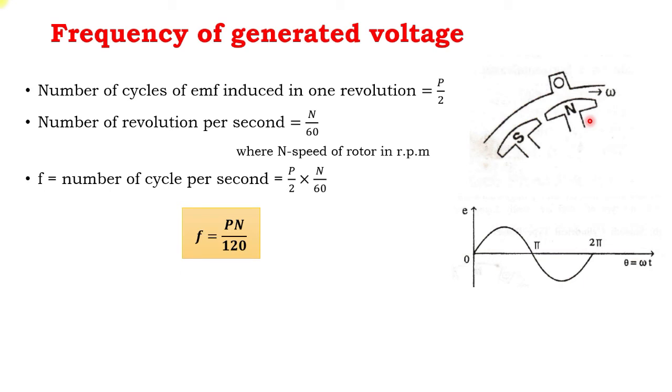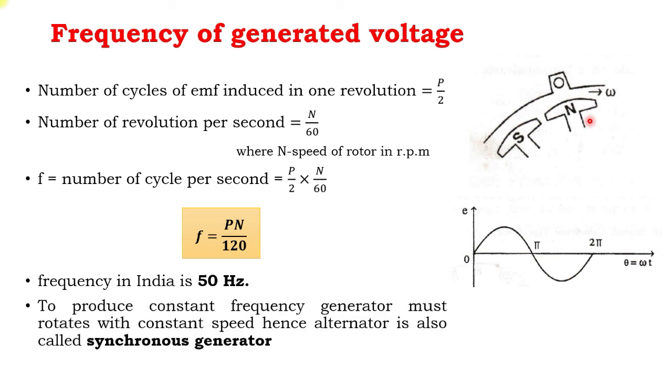So the frequency of generated voltage can be calculated by using the formula F is equal to PN divided by 120. In India, all AC devices work on the principle of 50 Hertz. So to get that 50 Hertz frequency, the number of poles is fixed, as you know already, and we need to rotate the alternator with constant speed.